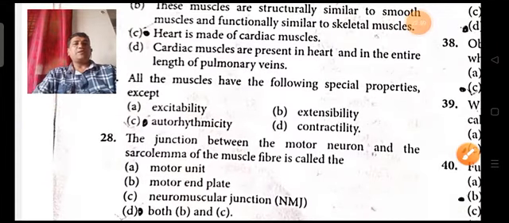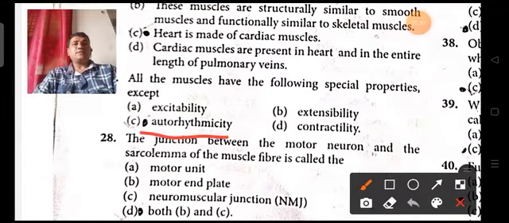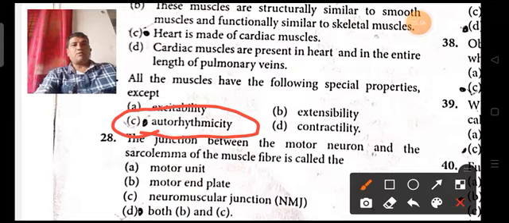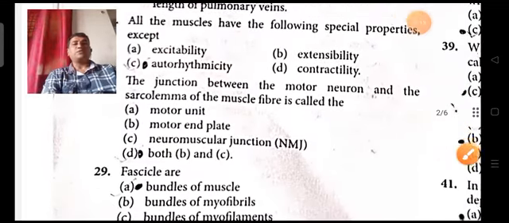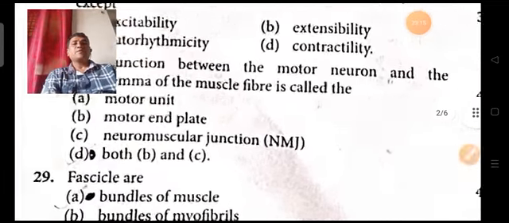So autorhythmicity is not present in all the muscles. Autorhythmicity or self rhythmic movement is only shown by the heart. So next, 28th question.